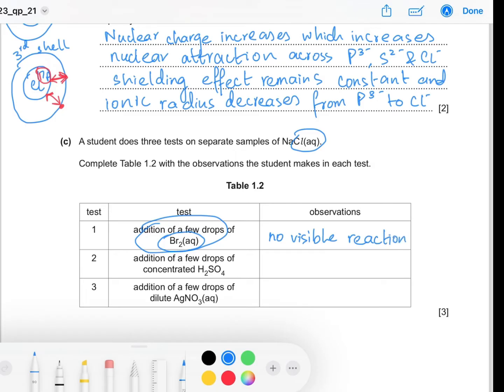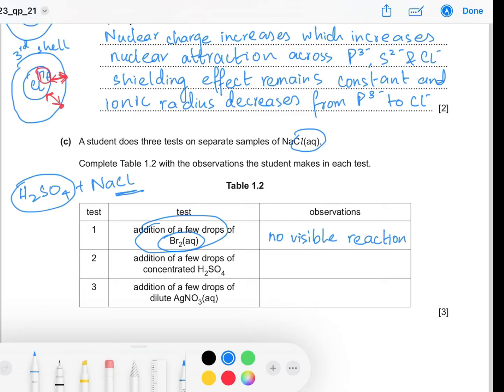Test 2 is an addition of a few drops of concentrated sulfuric acid. So we learned the reaction of sodium chloride, sodium bromide and sodium iodide with sulfuric acid. Sulfuric acid acts as an oxidizing agent as well, so it competes with the oxidizing strength of the halide ion.